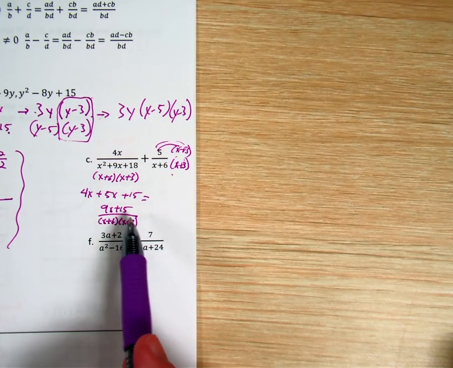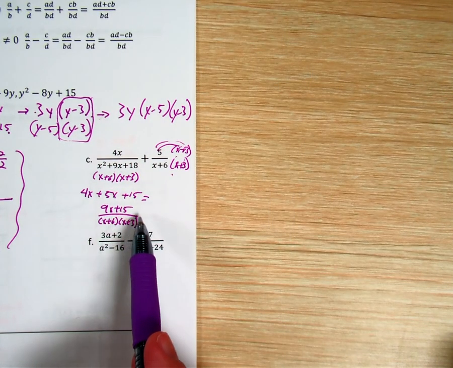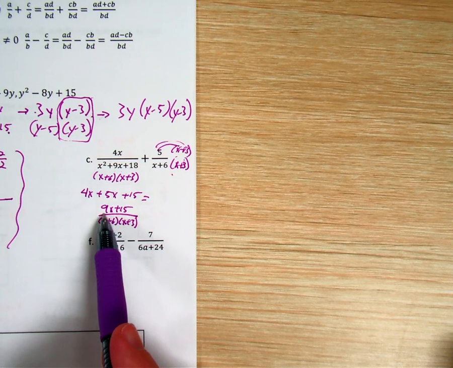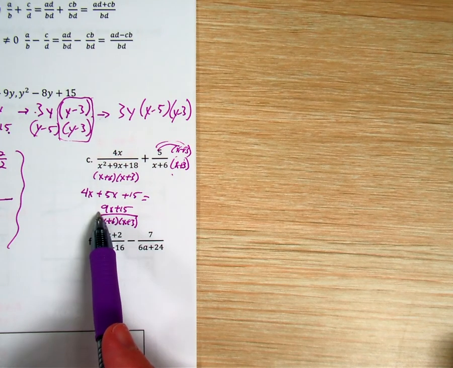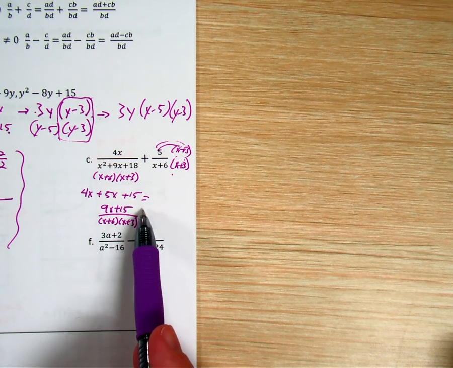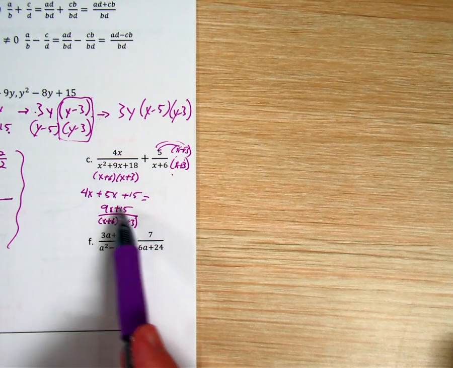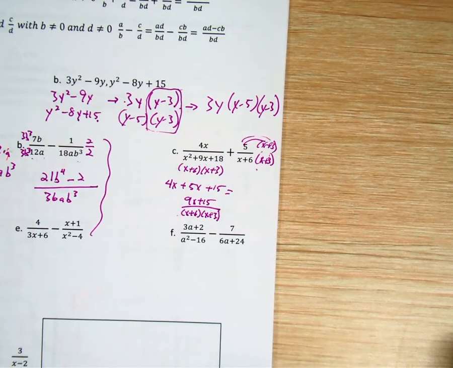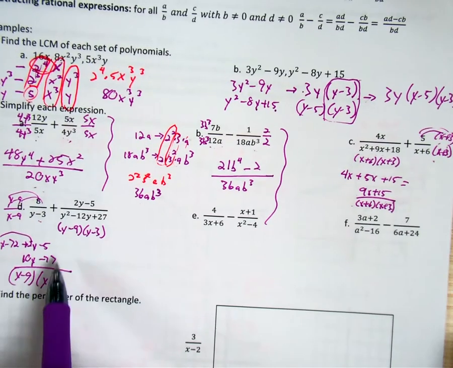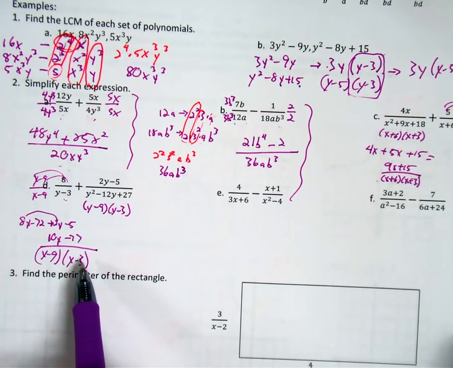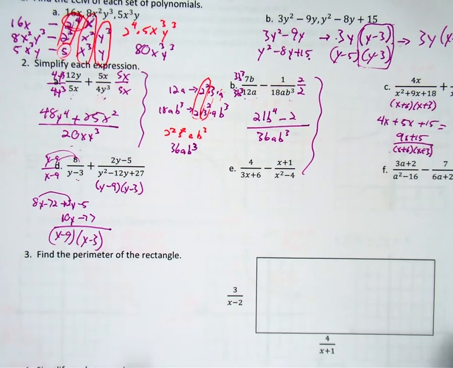So after you combine them over here, you kind of have to be careful, like 9 and 15. They could both be divided by 3. I could pull a 3 out in front, and it'd be 3 times 3x plus 5, right? I was kind of worried that maybe I'd get one that's going to cancel out later and reduce. You have to watch out for those. Some of these, after you combine the tops, could be factored to cancel something out off the bottom.